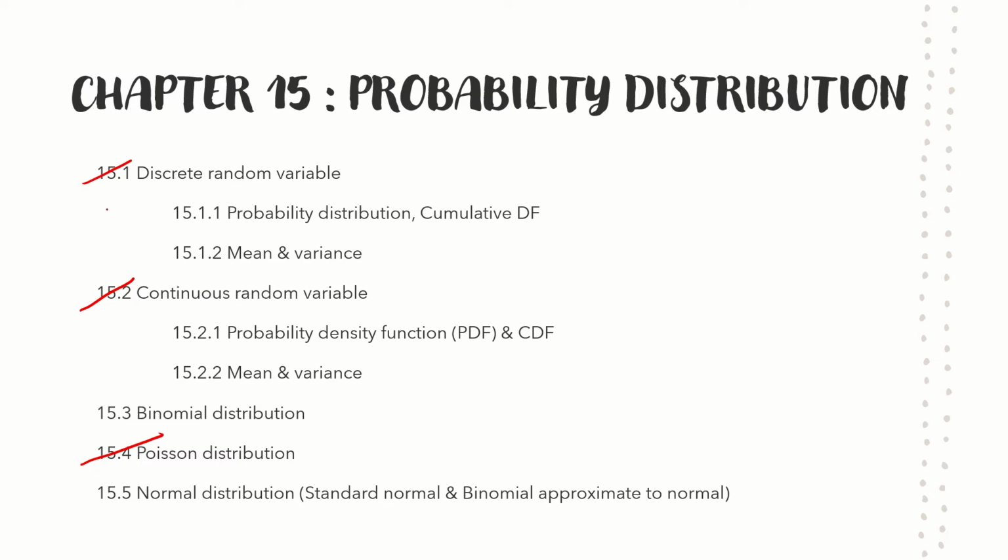Okay. If you see, the first and second subtopics are almost the same as what you learned. Just the difference between discrete and continuous only. So you have to differentiate between discrete and continuous. Okay.